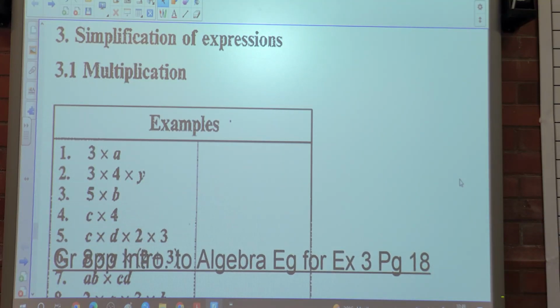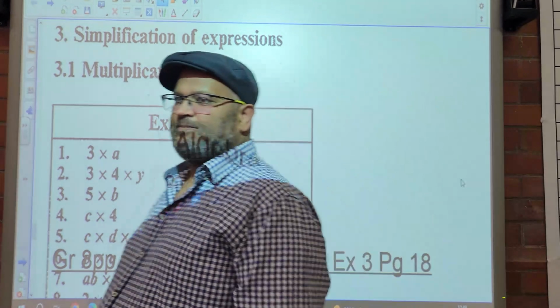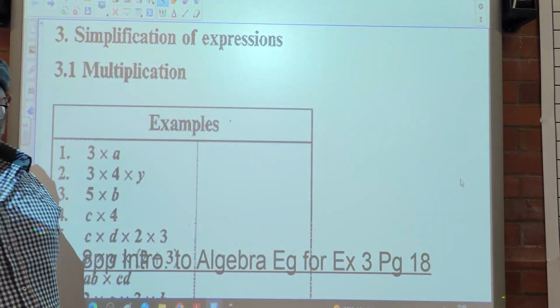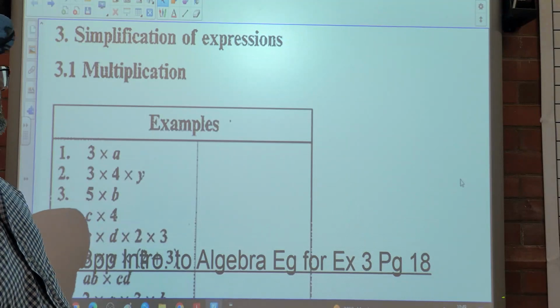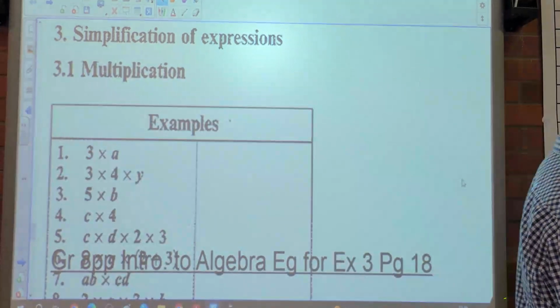So we're going to look at multiplication first. We'll look at multiplication first, and these examples are on page 17.